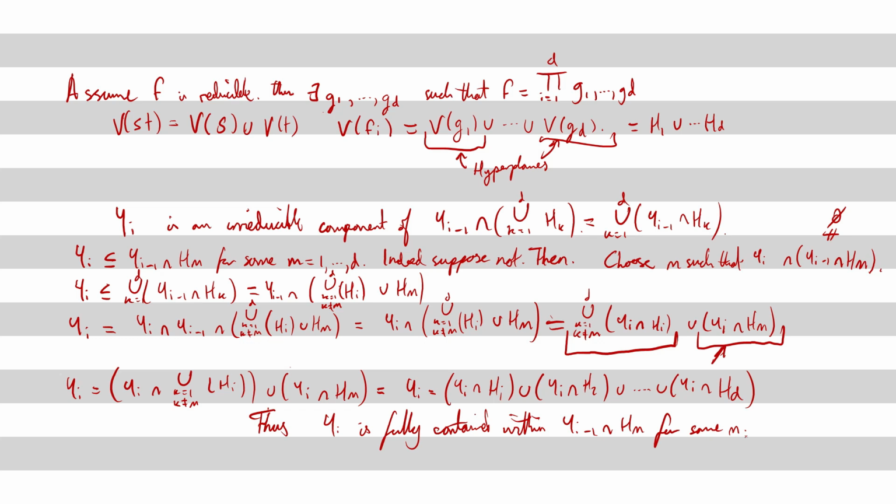Okay. Therefore, Y_i is an irreducible component of Y_{i-1} intersect some hypersurface. Therefore, the dimension of Y_{i-1} minus 1 is equal to the dimension of Y_i.